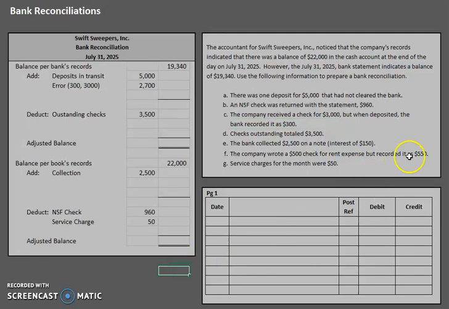Now what they did was they took out $550 from their account, but they should have only taken out $500. So if it was supposed to be decreased by $500, but they took out $550, they took out way too much. What do they have to do to get this to add up again? They have to add back in the error.